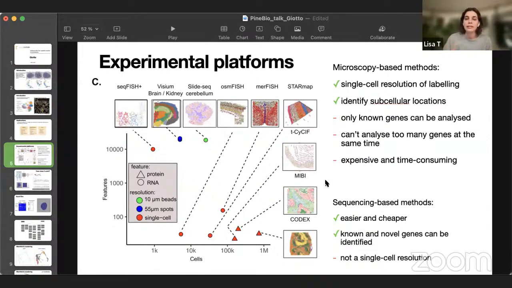And thus we can identify their locations if it's in cytosol or in nucleus or somewhere else. But we're restricted to only known genes, and we cannot study any novel ones. And we also can't analyze too many genes at the same time because we're restricted in number of colors, or they can just basically overlap and we won't see exactly where this molecule is.